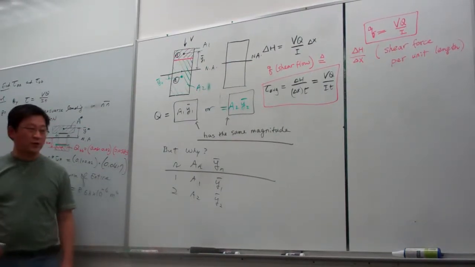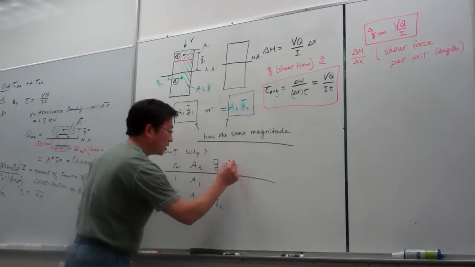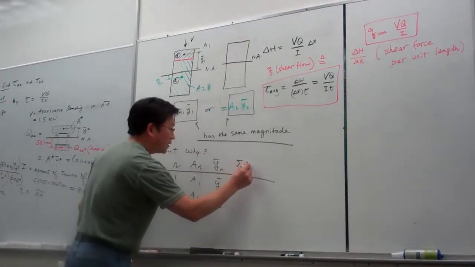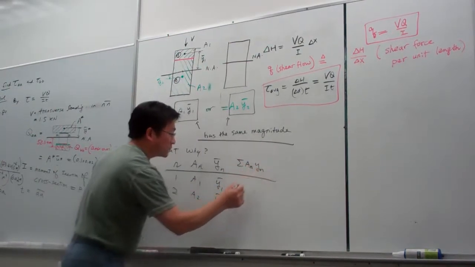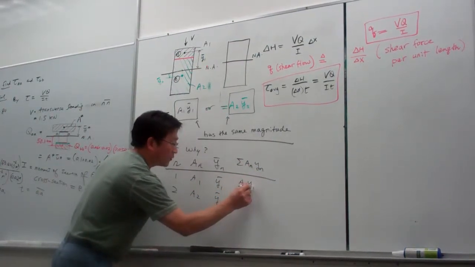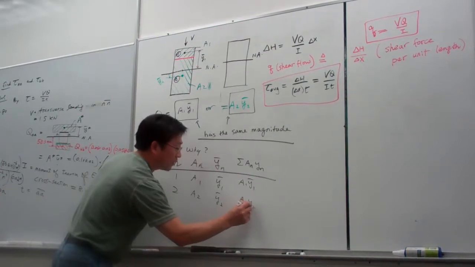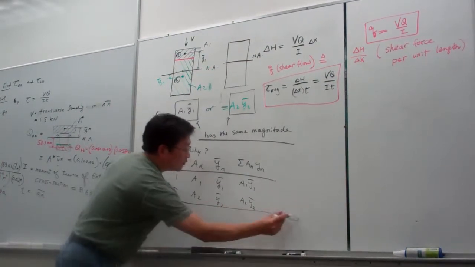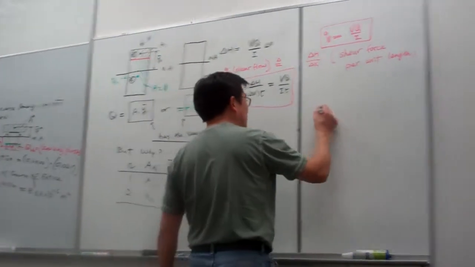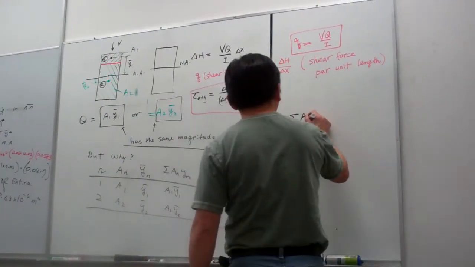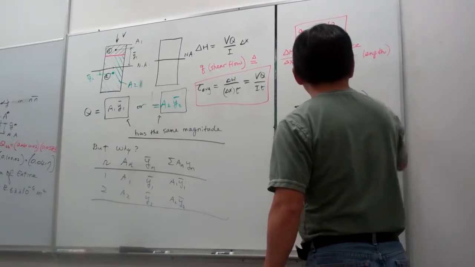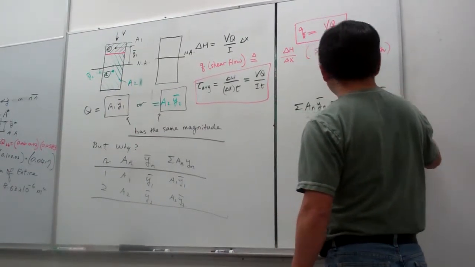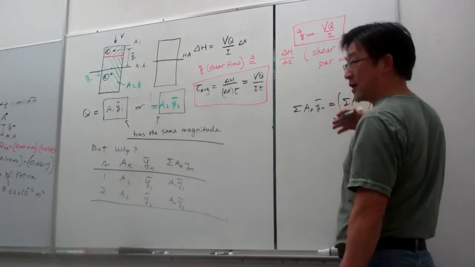So I just repeat the process. In this way, the A_N Y_N bar, that is A1 Y1 bar and A2 Y2 bar. From here, we know the calculation: the sum of A_N Y_N bar equals the total area multiplied by the centroid of the total cross section.